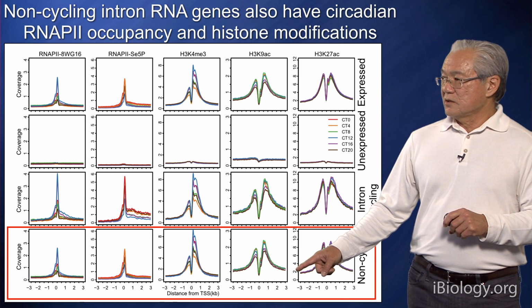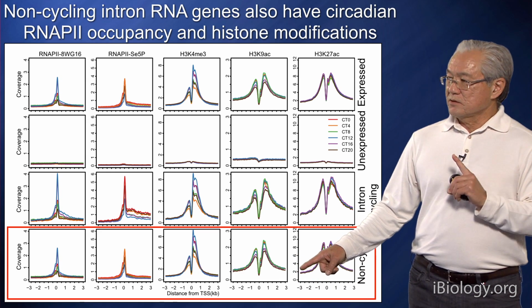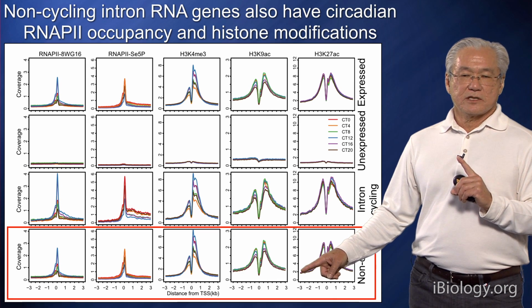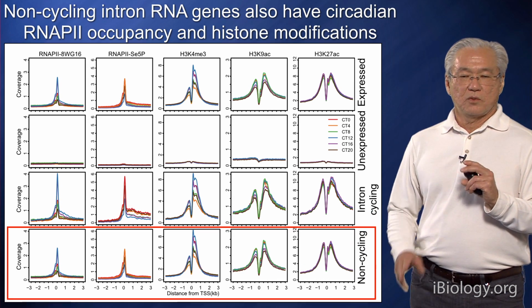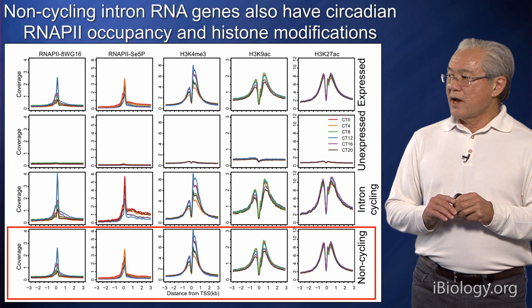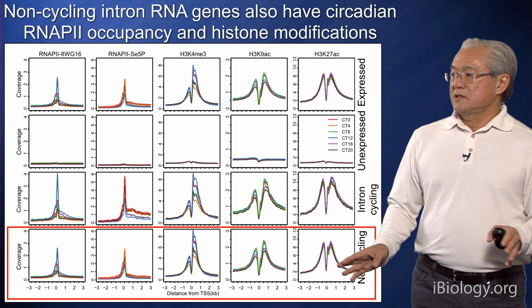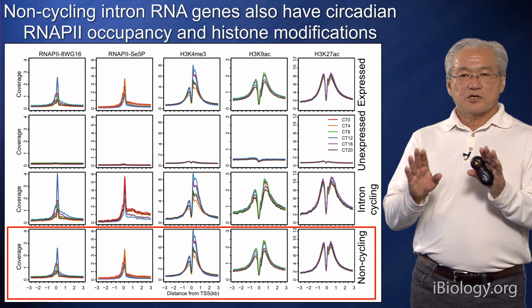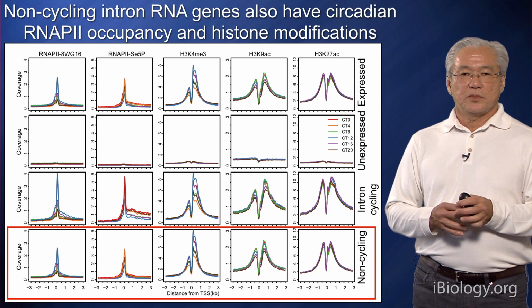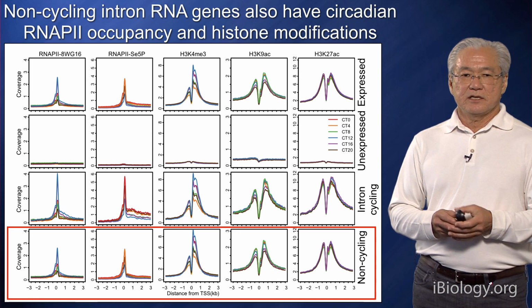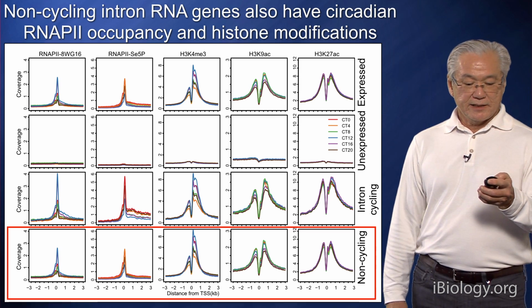So it's not really whether the gene is cycling or not at the RNA level that's determining whether RNA polymerase occupancy is circadian or whether histone modifications are circadian. Rather, many more genes across the entire genome are being modulated on a circadian basis, both at the level of RNA polymerase occupancy and histone methylation and acetylation.